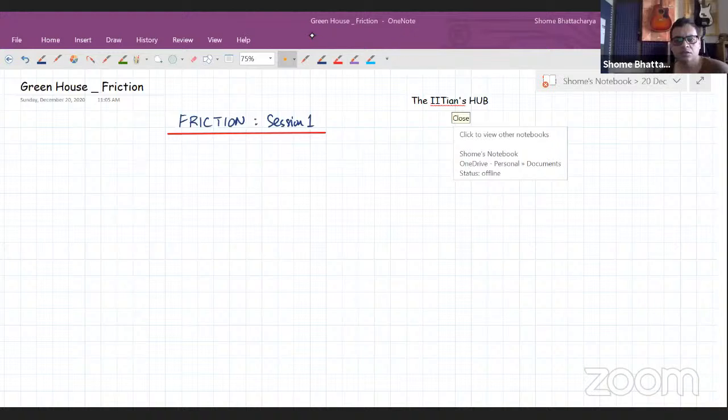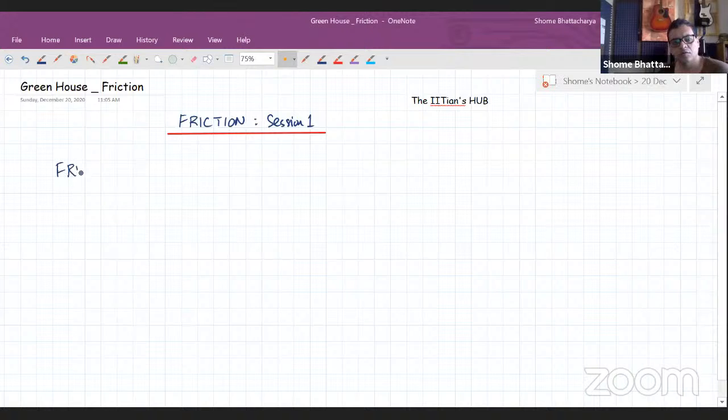Okay, let's understand the definition of friction. Friction is a contact force like normal reaction, but the difference is normal reaction acts perpendicular to the plane of contact, whereas friction acts parallel to the plane of contact, that is, along the plane of contact, but in such a way that it is opposing slipping.